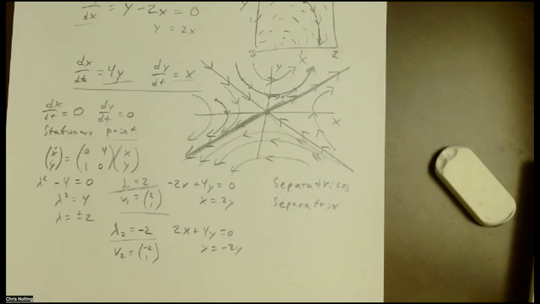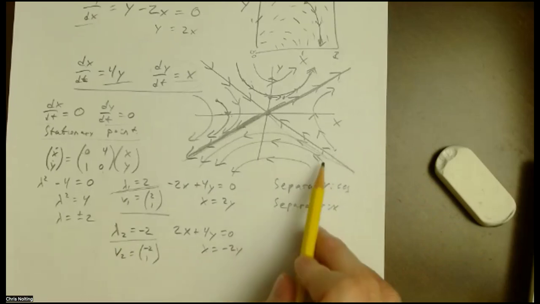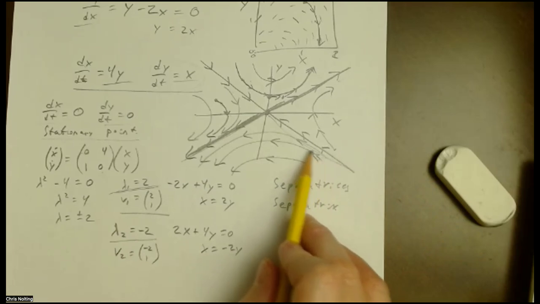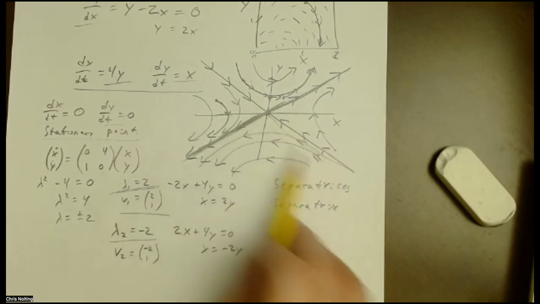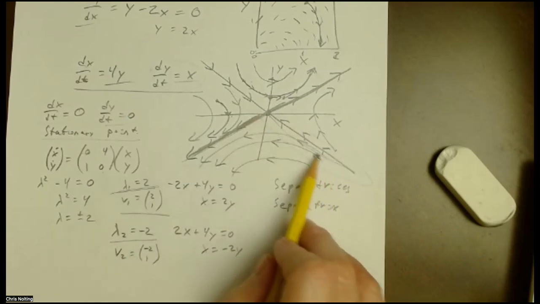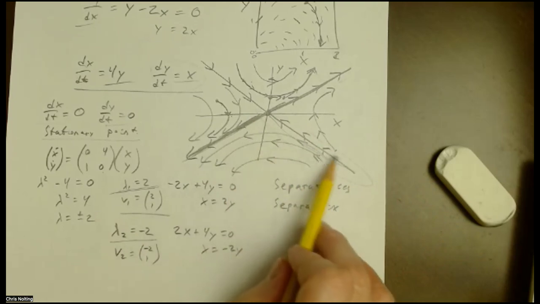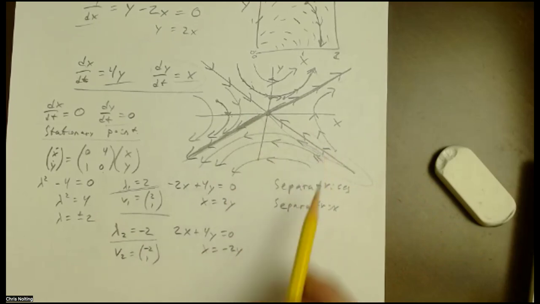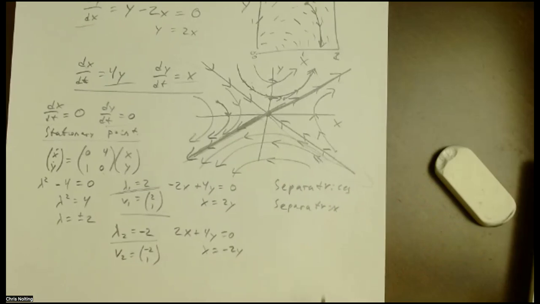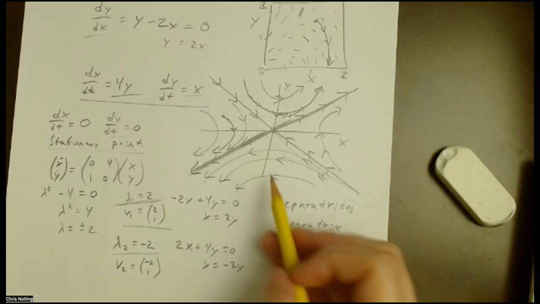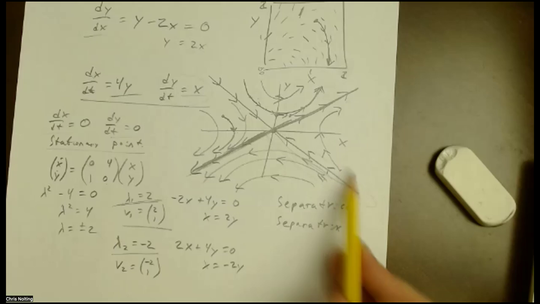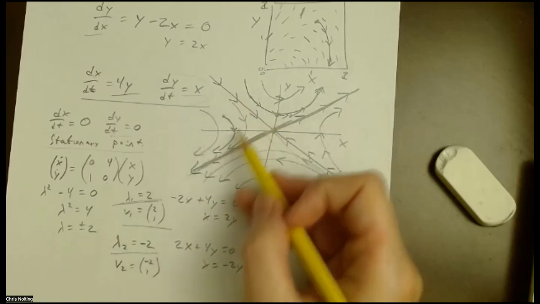And they have some different behaviors. If these trajectories tend to move away from the line, as in this line here, the trajectories start maybe close and then move away from that line. Those are going to be called repulsors, repulsive separatrices. And so this one and this one here have trajectories that start close and then move away from them.